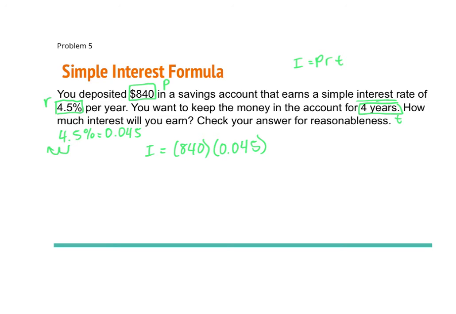Okay? And then we multiply by 4 years. When we multiply all 3 of those numbers together, let's see what we get. We should get 840 times 0.045 times 4 gives us $151.20.